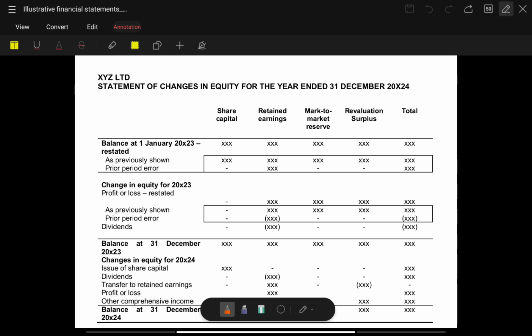So on our statement of changes in equity, we always have to have the columns and the rows. Does it make sense, guys? On the first one, we will have share capital. For share capital, you have either ordinary share capital or preference share capital.